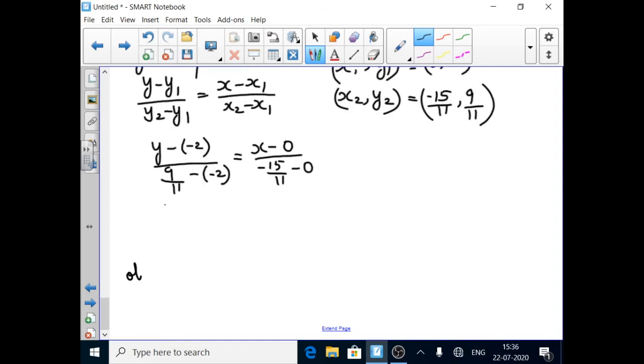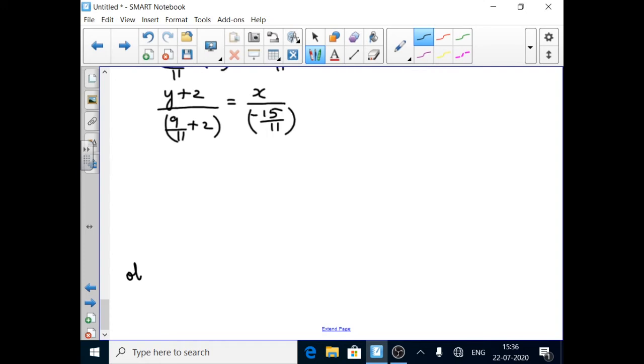Simplify: y plus 2 divided by 9 by 11 plus 2 is equal to x divided by minus 15 by 11. This is in the denominator, this is also in the denominator. So this can be written as y plus 2 divided by, taking LCM, 9 plus 22 that is 31 by 11, equal to x by minus 15 by 11.